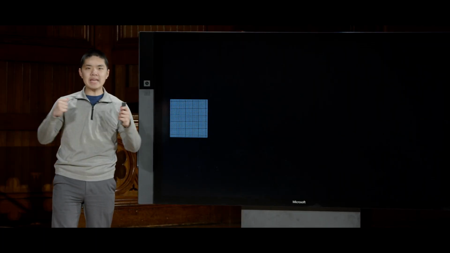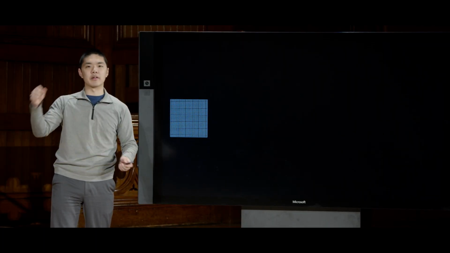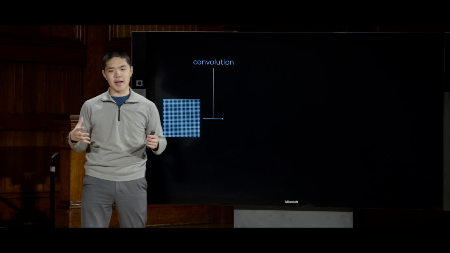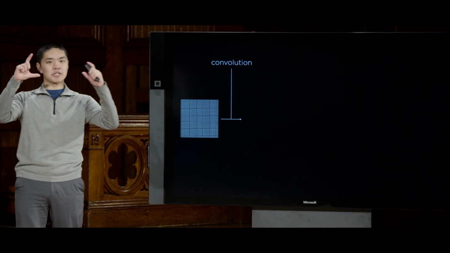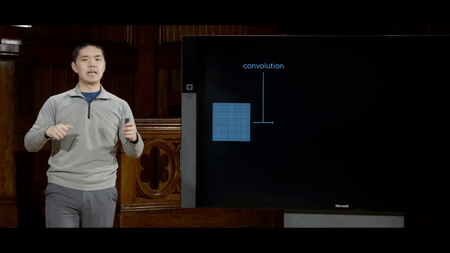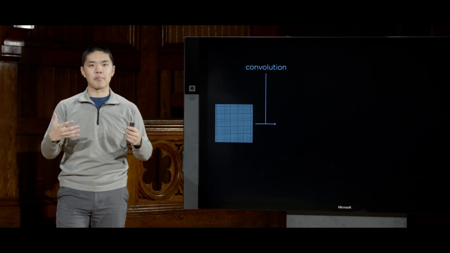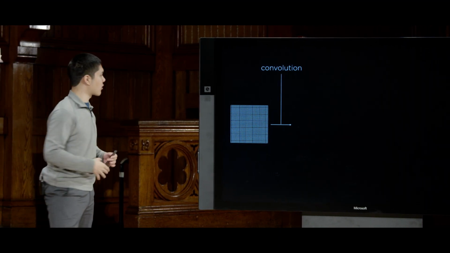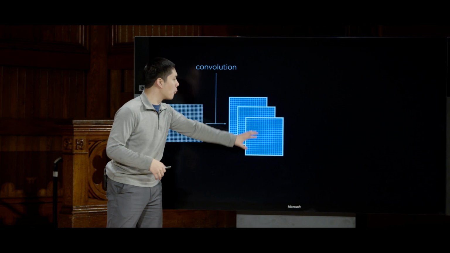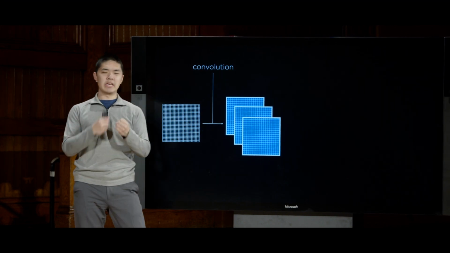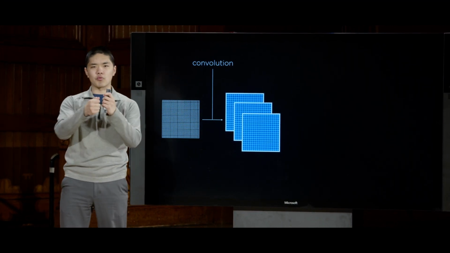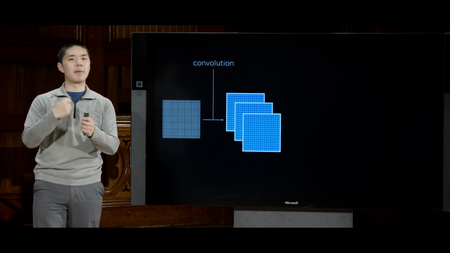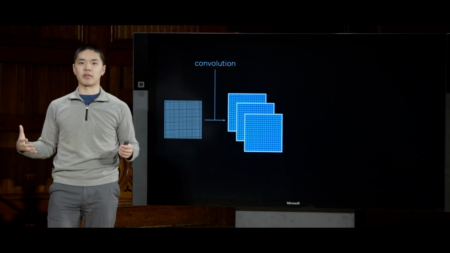But rather than immediately put that into the neural network layers that we've seen before, we'll start by applying a convolution step, where the convolution step involves applying some number of different image filters to our original image in order to get what we call a feature map, the result of applying some filter to an image. We could do this once, but in general, we'll do this multiple times, getting a whole bunch of different feature maps, each of which might extract some different relevant feature out of the image, some different important characteristic of the image that we might care about using in order to calculate what the result should be.